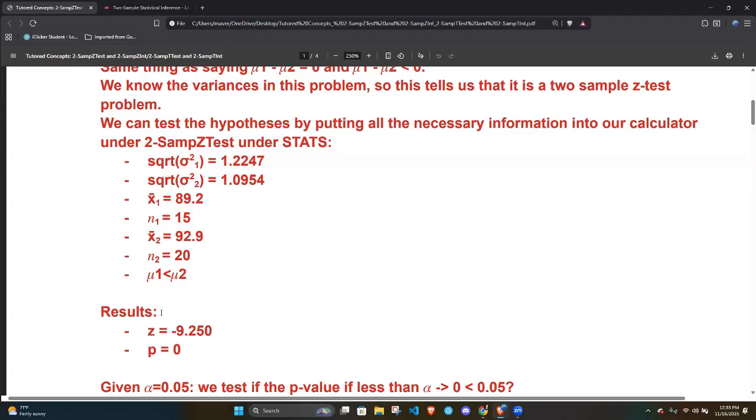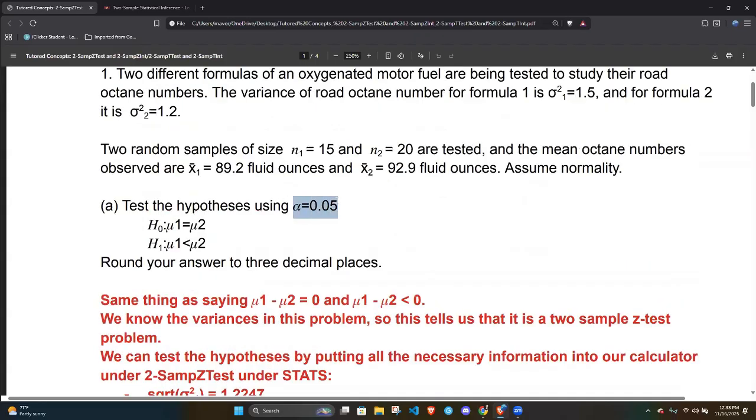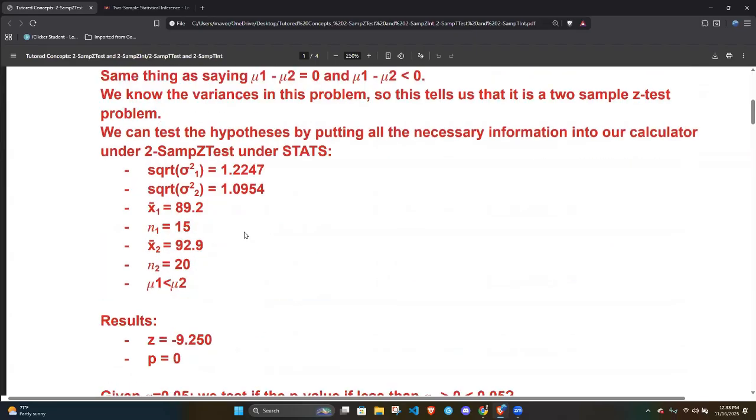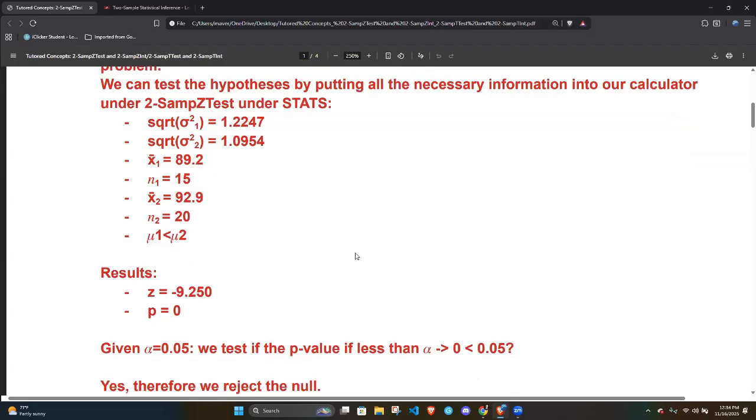Now, in this problem, we wanted to test the hypotheses using an alpha value of 0.05. And the outcome of this two sample z-test gave us a p-value of 0. Now, how I approach these problems when I go about hypothesis testing is that I like to use the p-value and compare it with the alpha value. So as we can see, the p-value is 0, and this is less than our alpha value of 0.05.